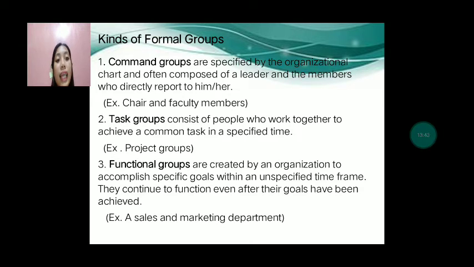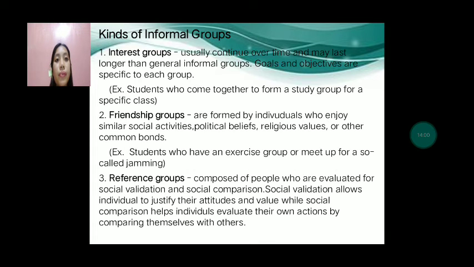Example, a sales and marketing department. They are considered a group since they work in one department and their work continues even after their first goal has been achieved.